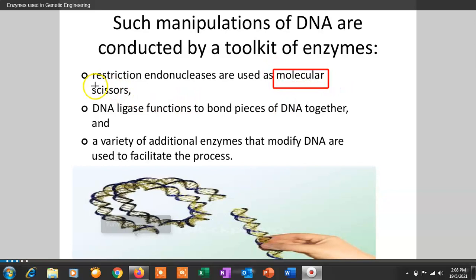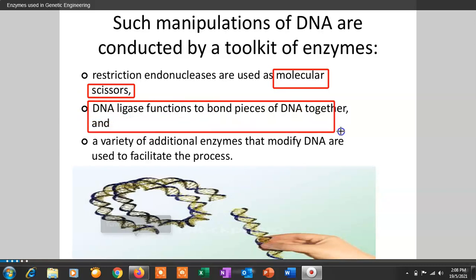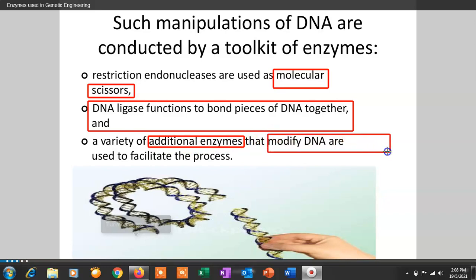The enzyme called DNA ligase is used to connect two pieces of DNA together. And there are a variety of additional enzymes that modify DNA, and these are used to facilitate the genetic engineering process.